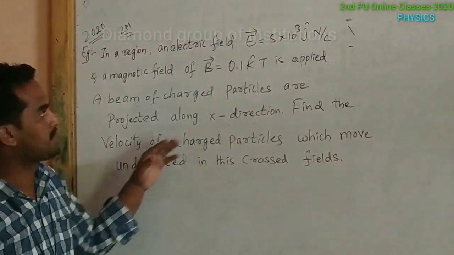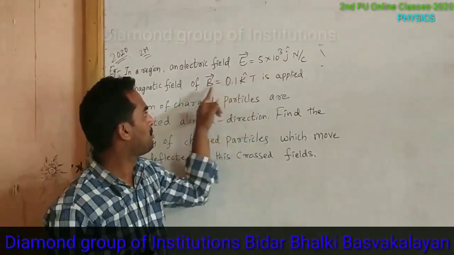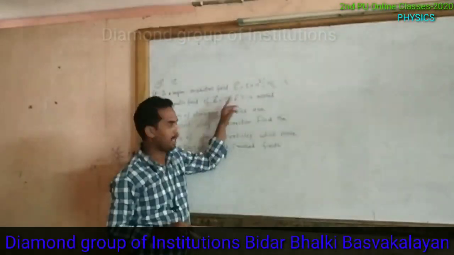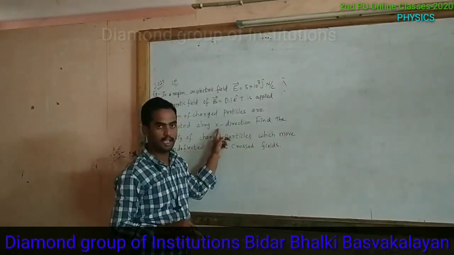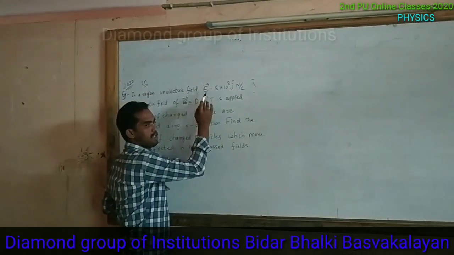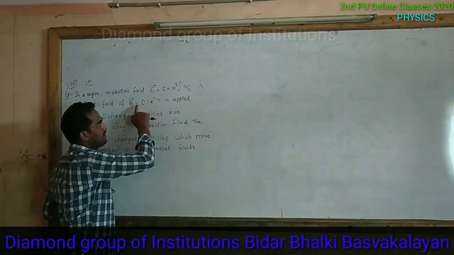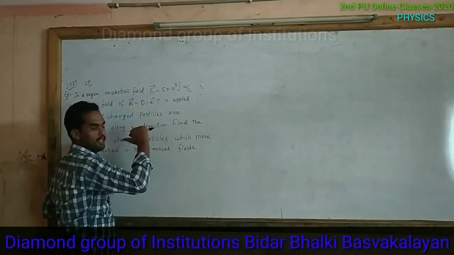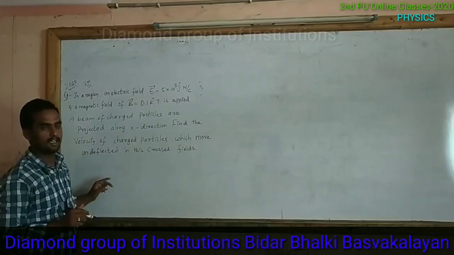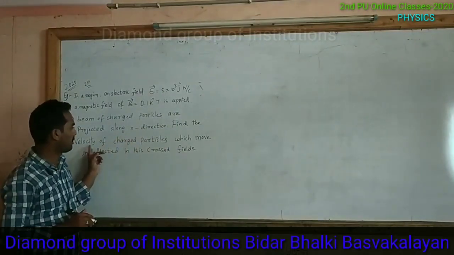See here once again, electric field along j cap, magnetic field along k cap, and the particle is moving along the x direction. That means the electric field is applied along the y axis, the magnetic field along the z axis, and the particle is moving along the x direction. So what is the question mark here? Velocity.